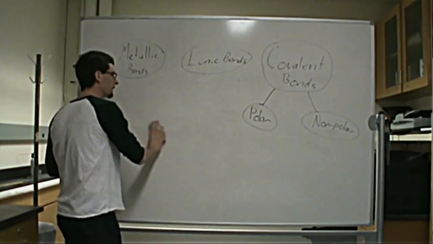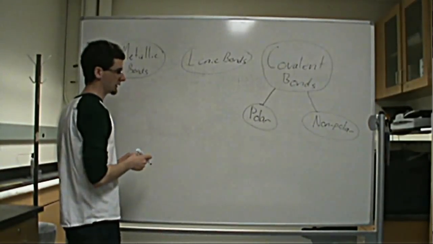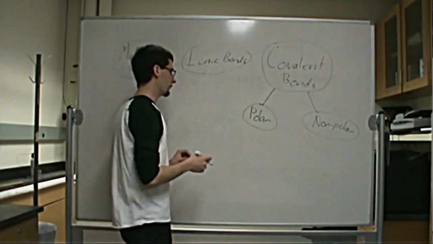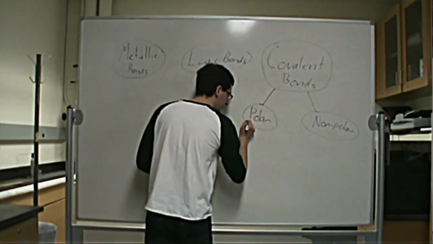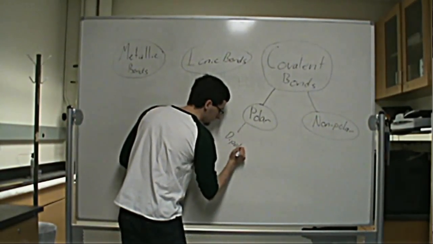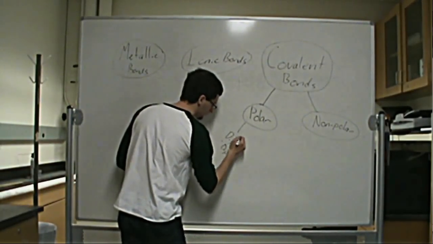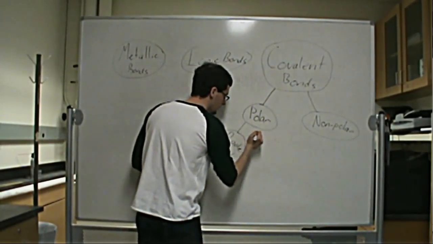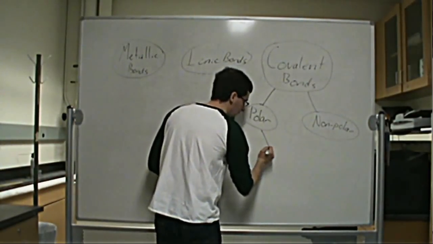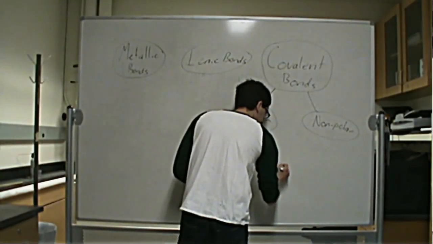All right, so what interactions are important for polar molecules? There are a few that we can have. We can have dipole-dipole interactions. We can have hydrogen bonding.